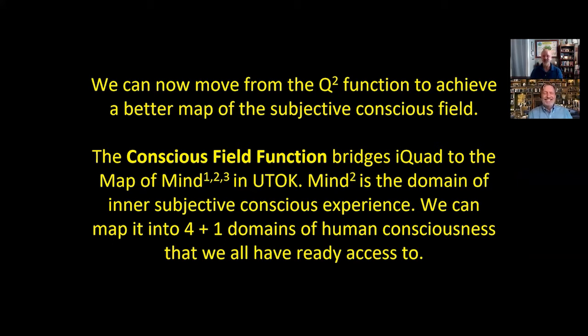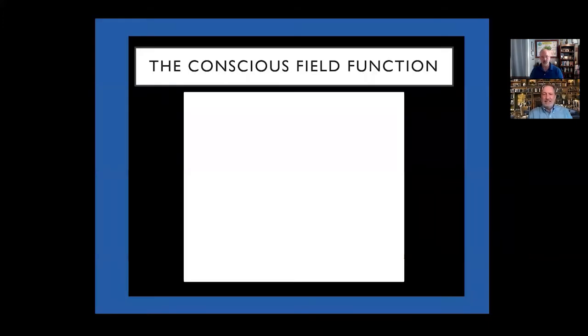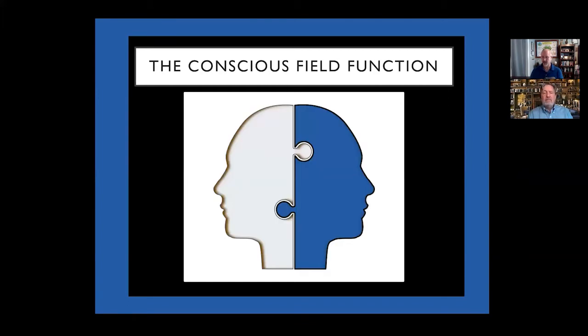All right, so here it is. To set the stage for the conscious field function, I'm going to introduce, and folks will probably be pretty aware of this, my map of mind 1, 2, 3, which is the work I've done to delineate the epistemology and ontology of mental process in right relation. So mind 1B is the overt activity of animals, what you would see from the outside, the animal doing.